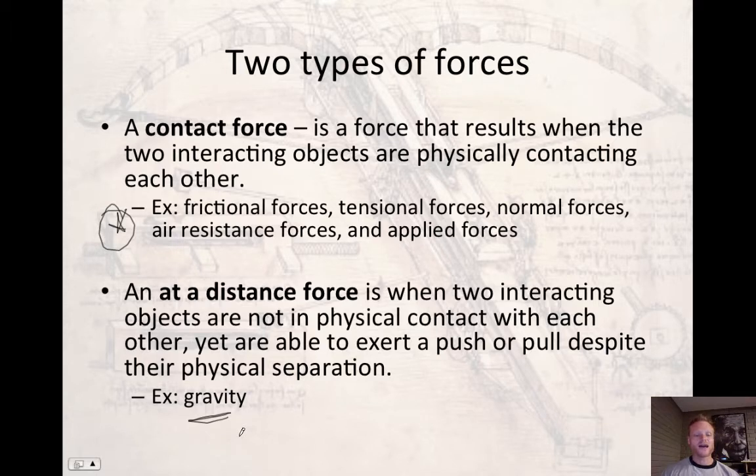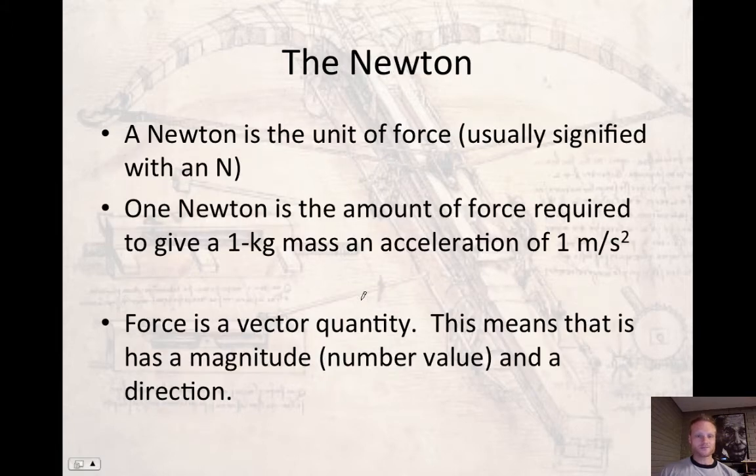So gravity is an at a distance force. In second semester physics, we'll look at the electric force, and that's also an at a distance force. But we don't have to really worry about that right now. For right now, what we're mainly concerned with is this gravity piece. That is our at a distance force.